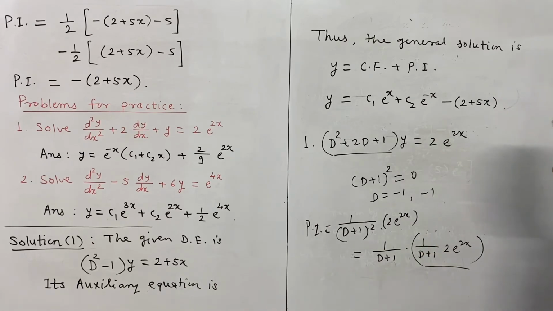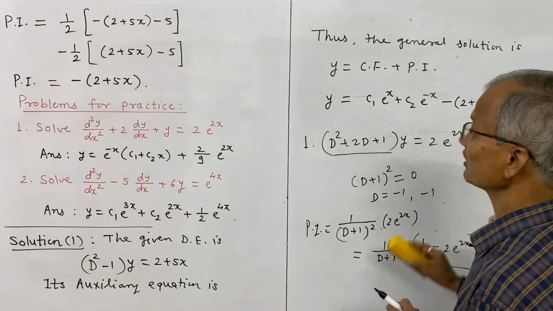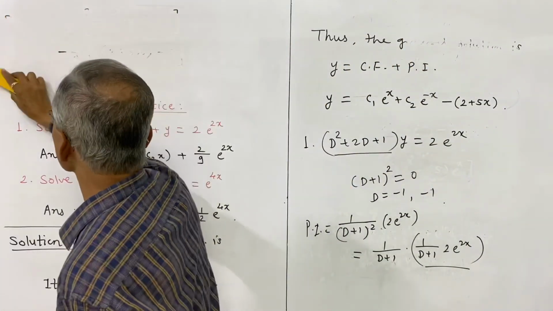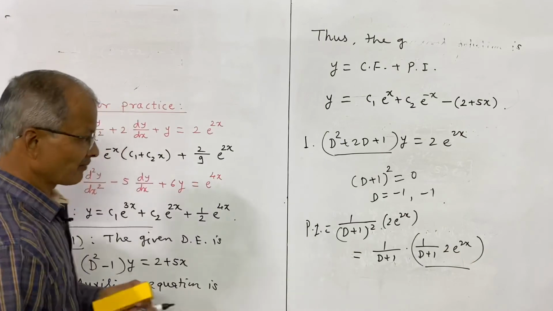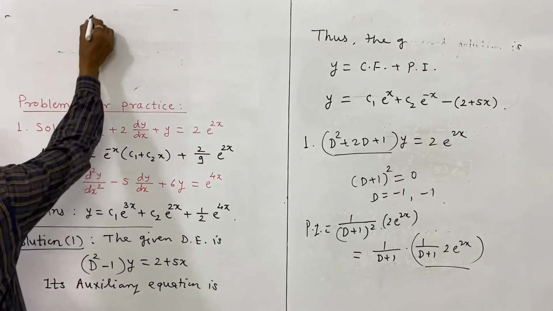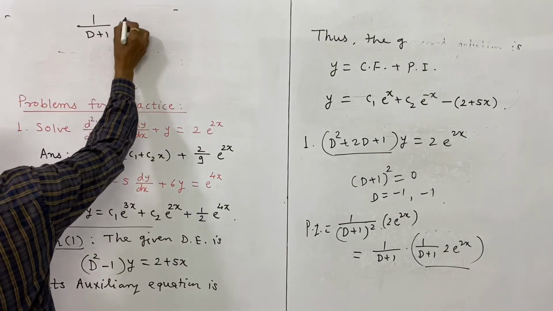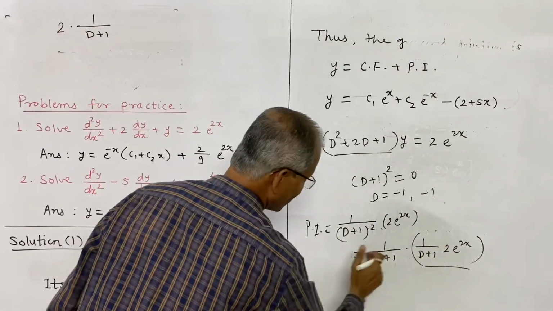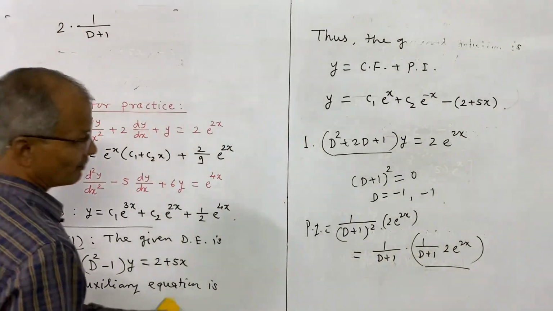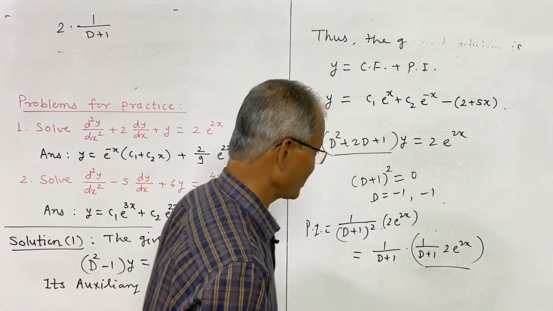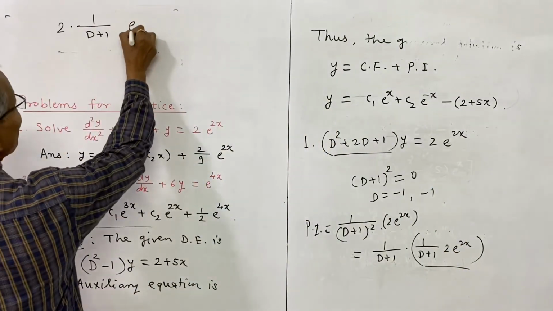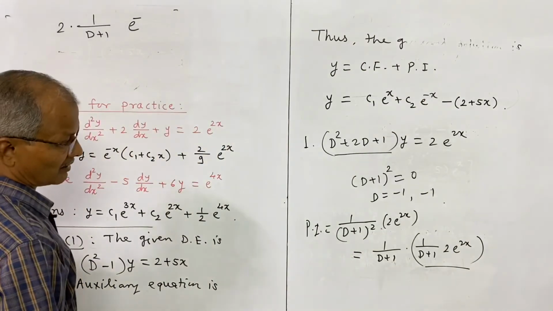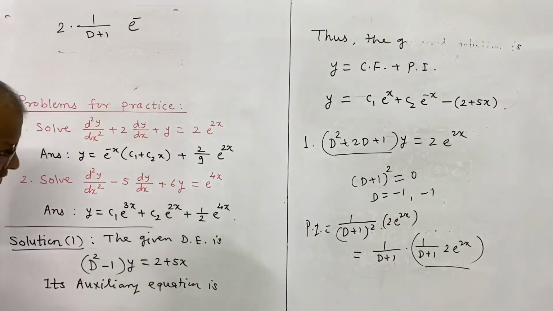2 will remain constant, and that can be written outside this whole expression. First if you operate it, then that will be 1 upon D plus 1 operated on e power 2x.